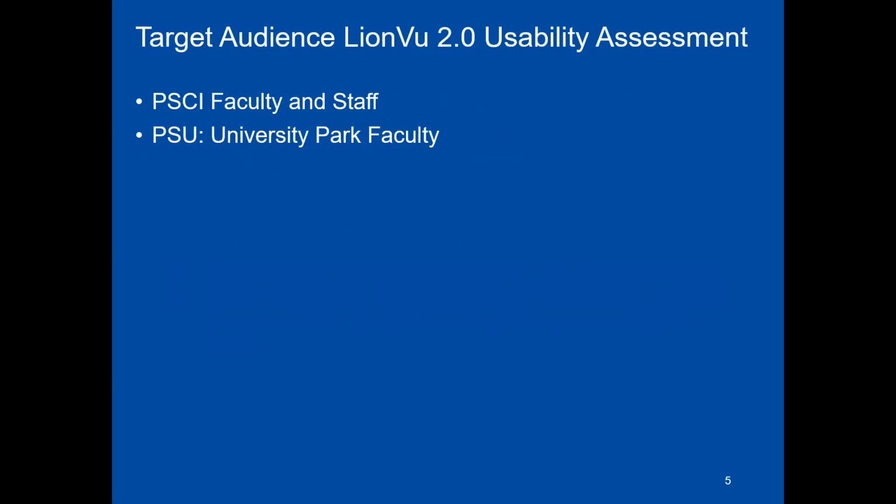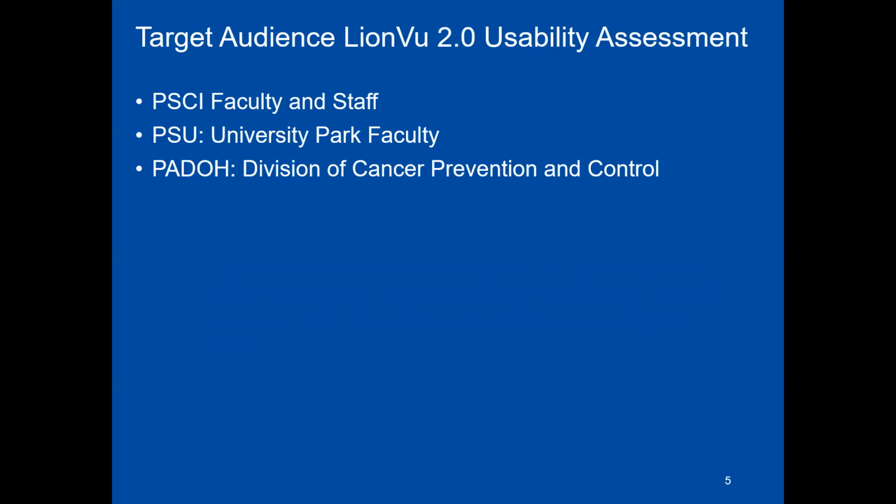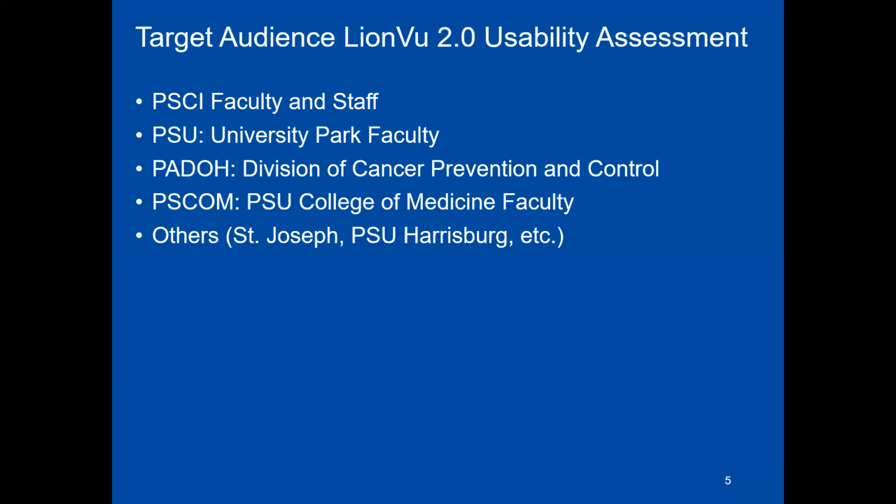The target audience was Penn State Cancer Institute faculty and staff, PSU University Park faculty, Pennsylvania Department of Health Division of Cancer Prevention and Control, Penn State College of Medicine faculty, and others like St. Joseph's and PSU Harrisburg, etc.